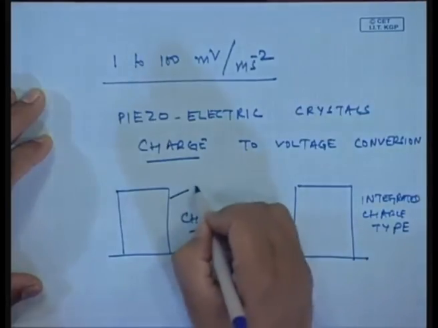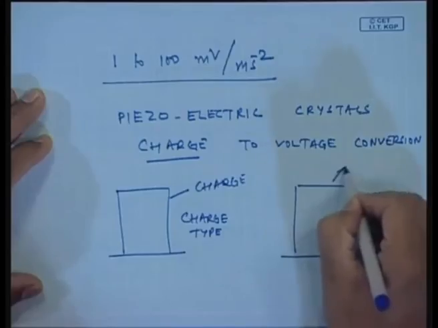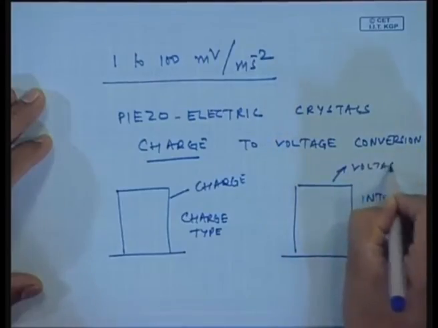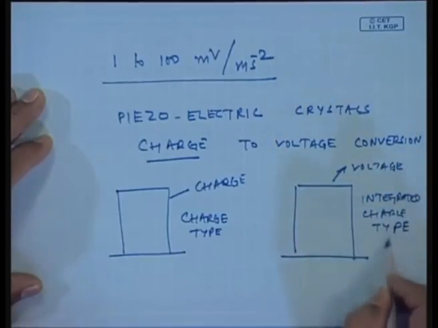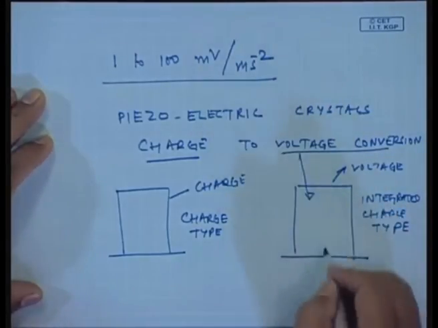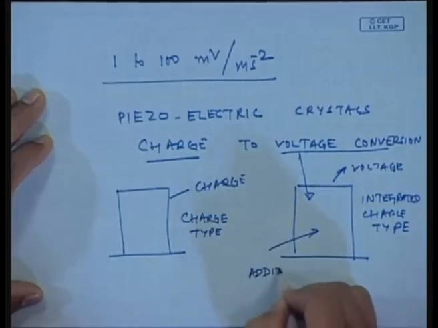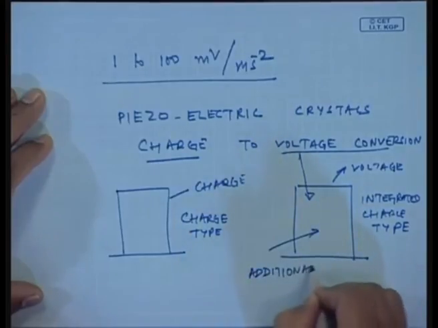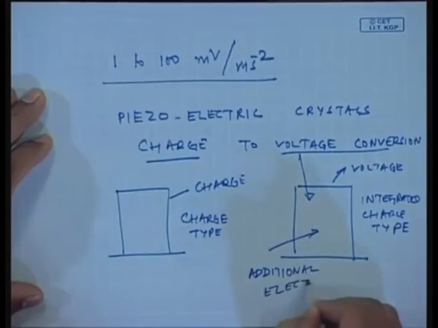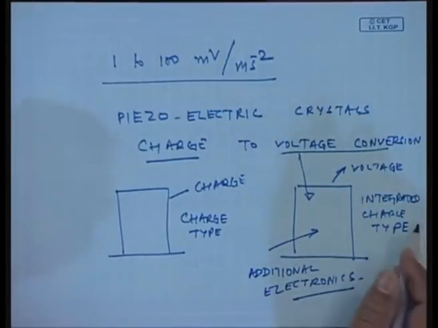Here the output from this is a charge, here the output from this is a voltage, because the voltage conversion is done inside this. So, there is additional electronics built into this kind of accelerometer, because straight away I am getting a voltage. Now, this additional electronics are basically IC chips.